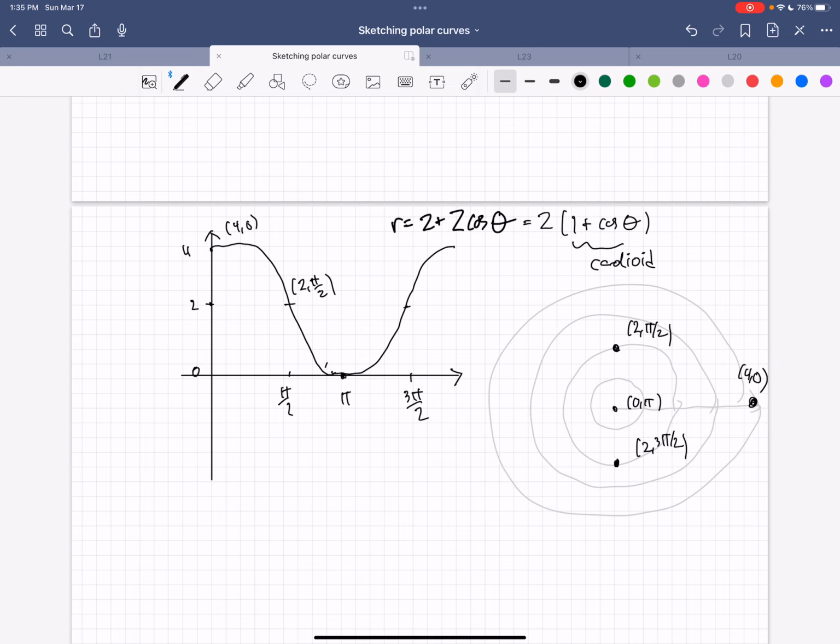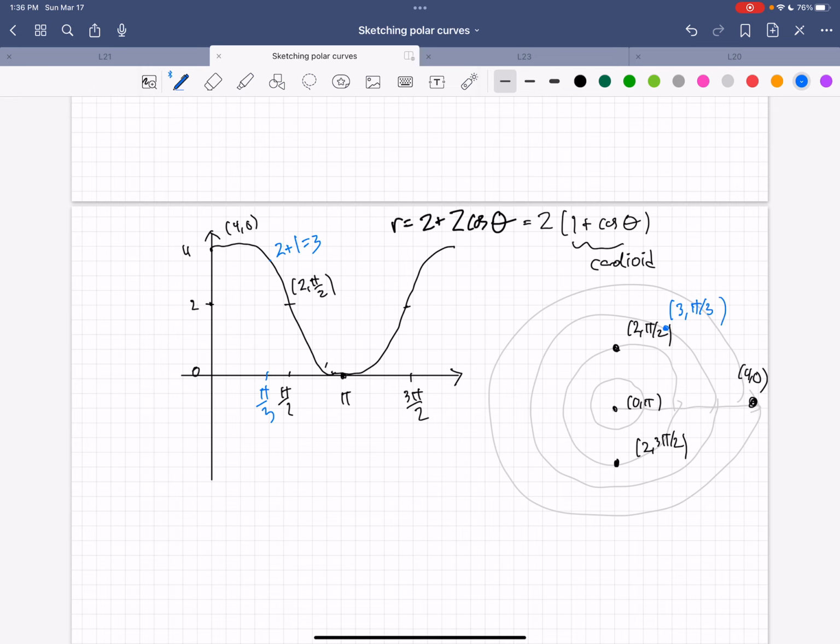And once again, we're going to have to choose some in-between angles to get a better sense of how we can sketch this. So let's say we do pi over 3, then r will be 2 plus 2 times 1/2, so 3. So that's how we get this point here. So that's at (3, pi over 3).